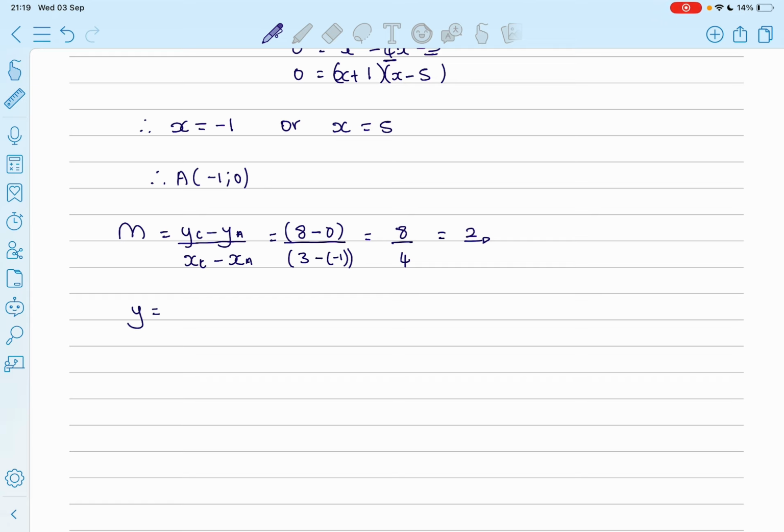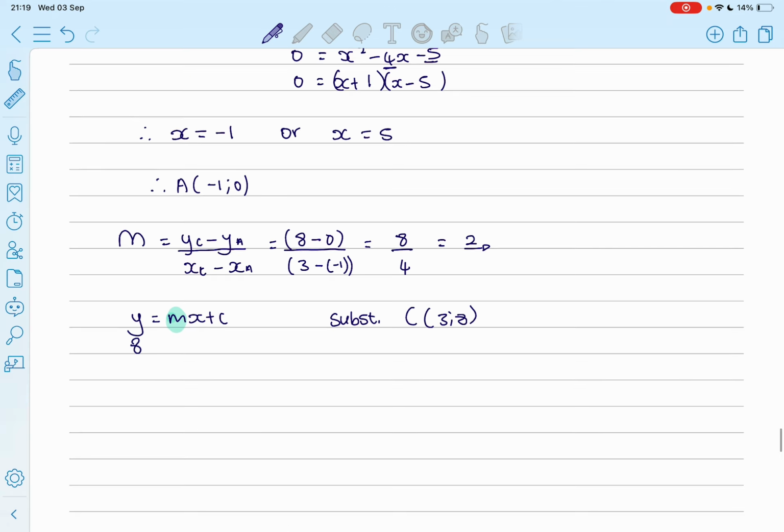Now the equation of a straight line is y equals to mx plus c. We have this m. Now we can substitute 1 point. And I'm going to substitute point C, which is 3 and 8. Okay, so here y is 8, gradient is 2, x is 3, and we are trying to solve for c.